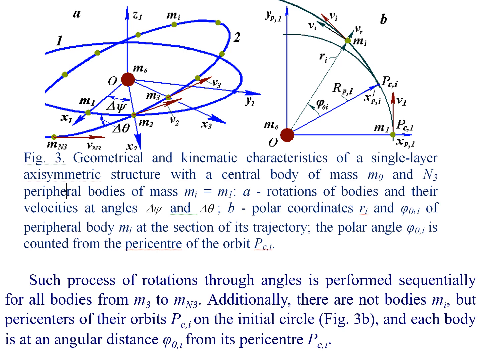Additionally, there are not bodies mi, but pericenters of their orbits pci on the initial circle, see figure 3b, and each body is at an angular distance phi 0i from its pericenter pci.